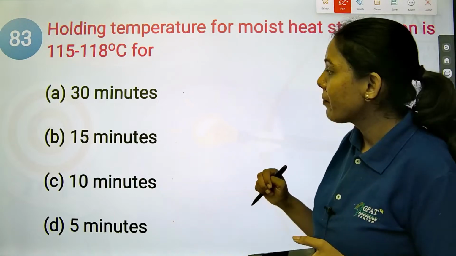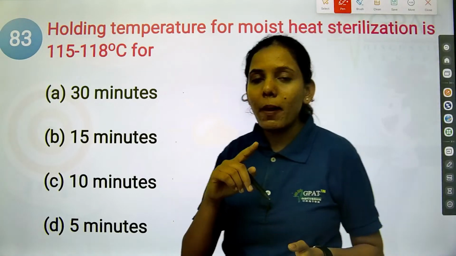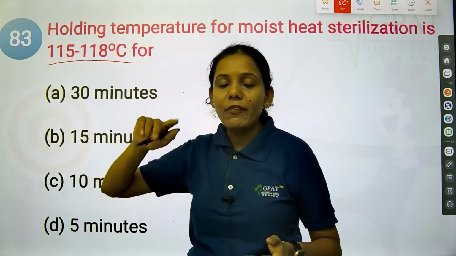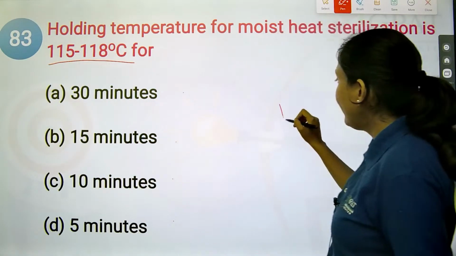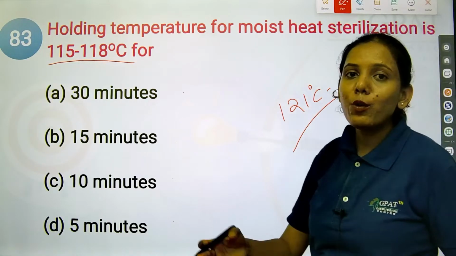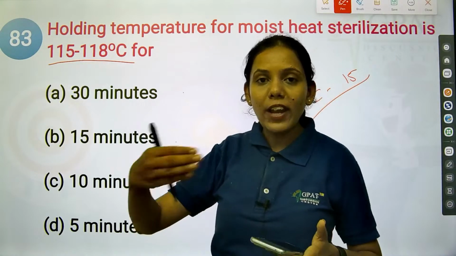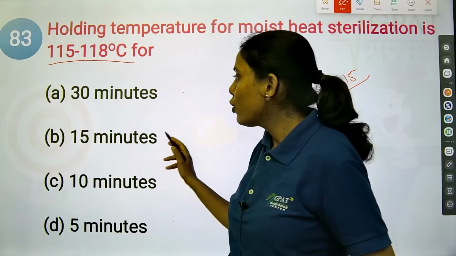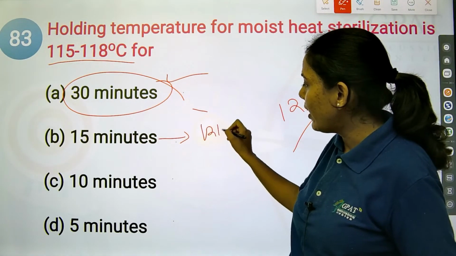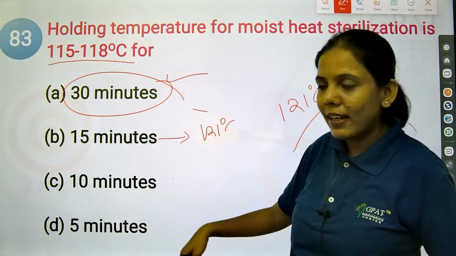To check, if you increase the temperature in autoclaving, the time will decrease. For example, everybody knows 121 degrees Celsius for 15 minutes. If you reduce the temperature, you will have to keep it for a longer time, that is 30 minutes. If you keep increasing the temperature, the time will reduce.